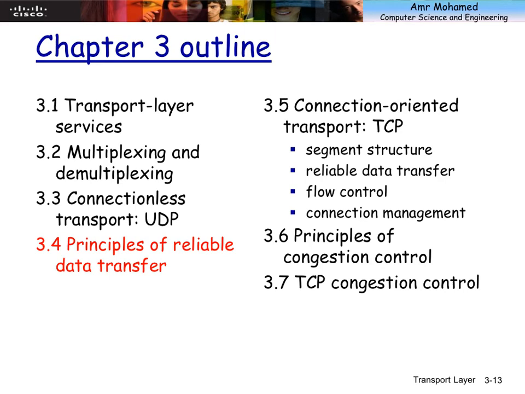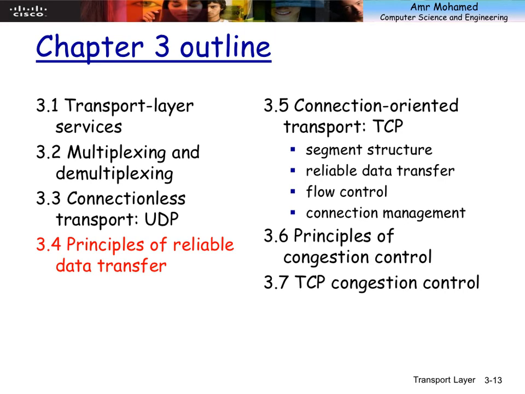So for connectionless, I cannot provide any reliability or flow control or congestion control because I don't have a connection. Okay? Control the flow of what? Control the flow of the end-to-end connection. I don't have a connection. But if I have a connection-oriented protocol, now I have the context of an end-to-end connection. Only now can I say, okay, I can provide some flow control or congestion control.